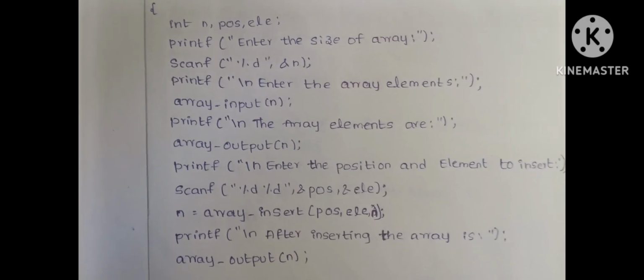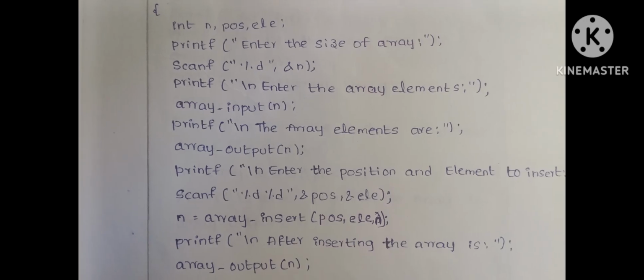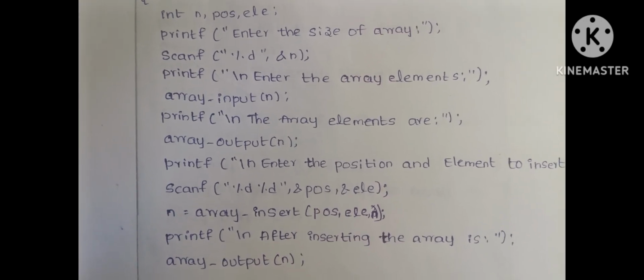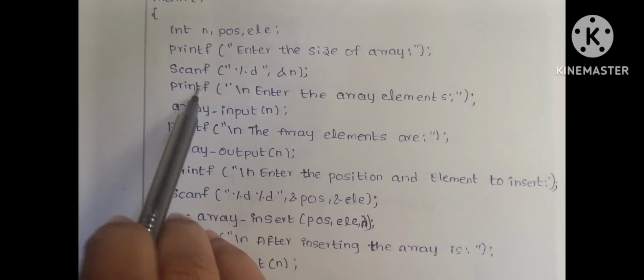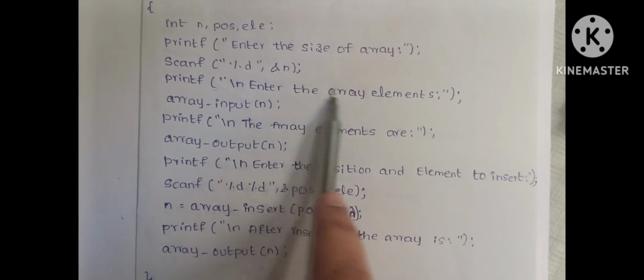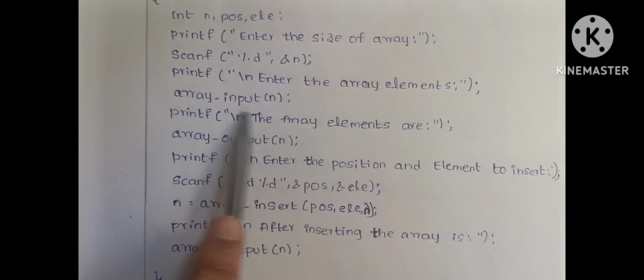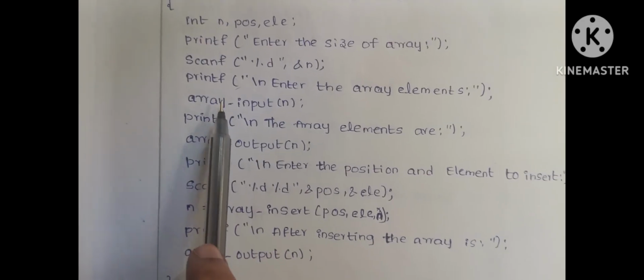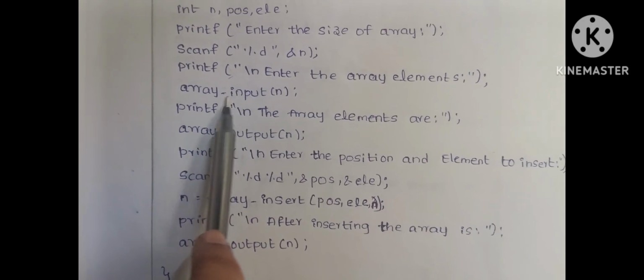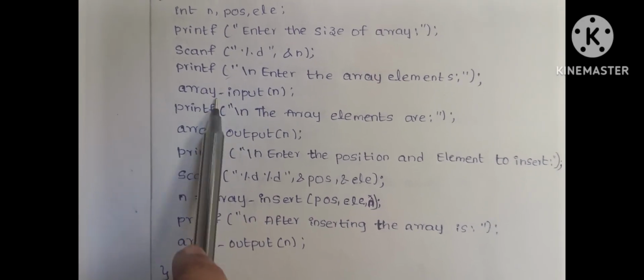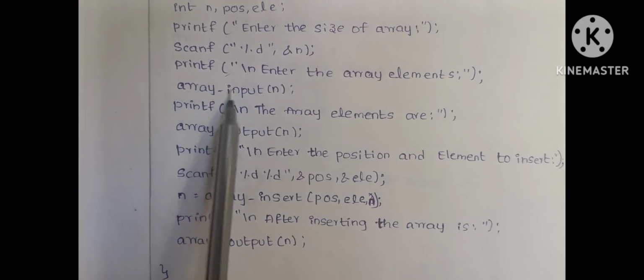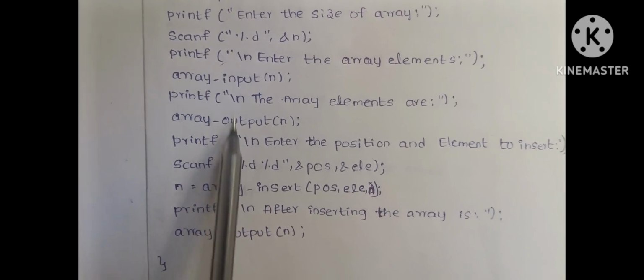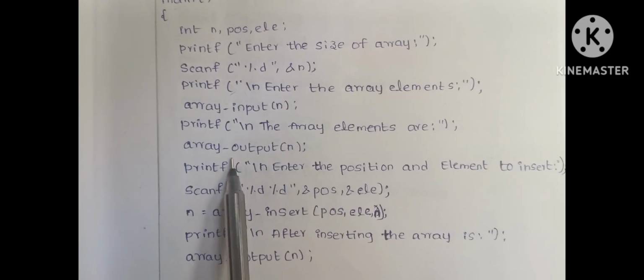I am reading it, and then I am printing the statement that enter the array elements. Then when we are entering the array elements, we are reading them, and then we are printing them. So I have just called the function names here. I have not written the code here. I have just called them.